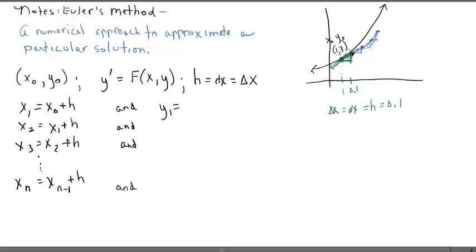Well, y sub 1 is going to be, at least in this picture, an increase. y sub 1 is going to be what y sub 0 was, y sub 0 plus how much I travel vertically. So y sub 0 plus. Well, what is this vertical component right here? In order to find that, we're going to be finding the product of the slope of the line times the change in x.